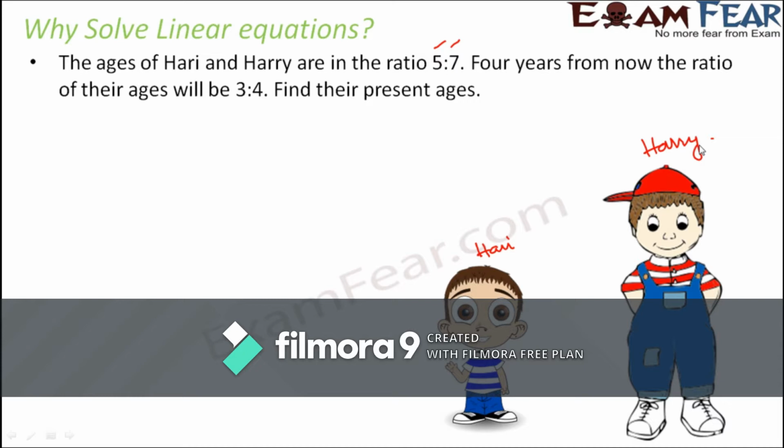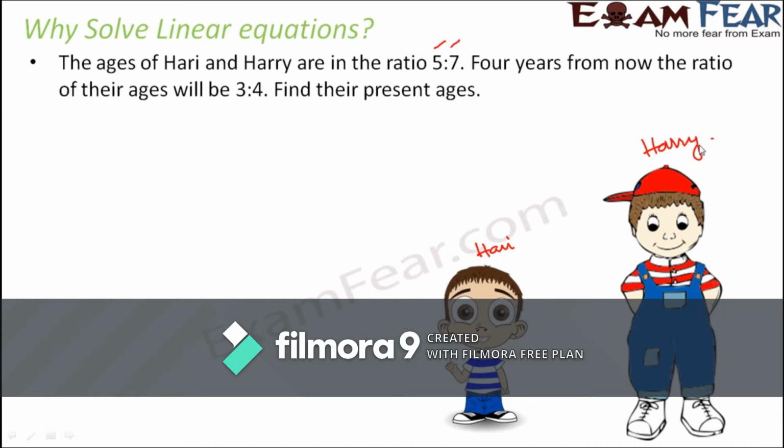Now the problem statement is given like a puzzle: 4 years from now the ratio of their ages would be 3:4. You have to find their present ages. Now you see only the ratio is given, so you have to calculate their exact ages.